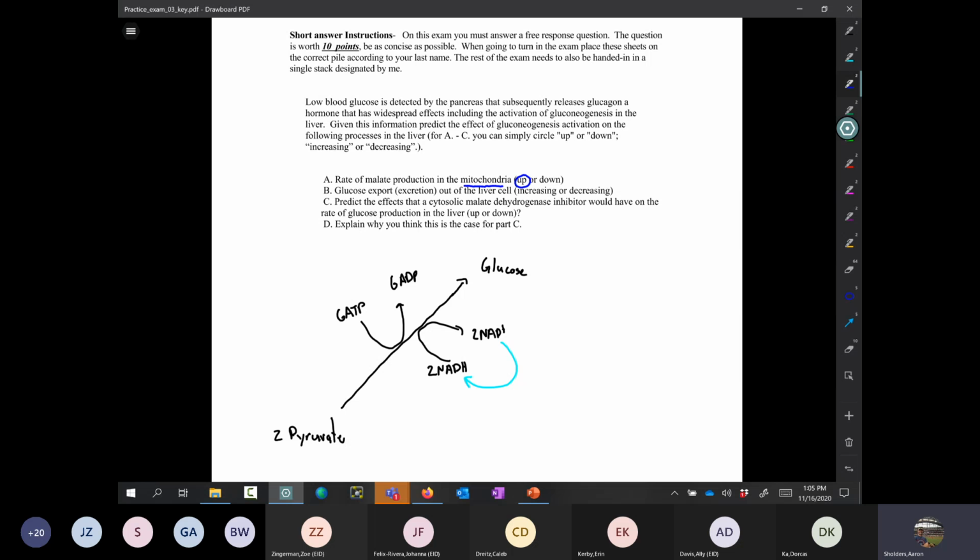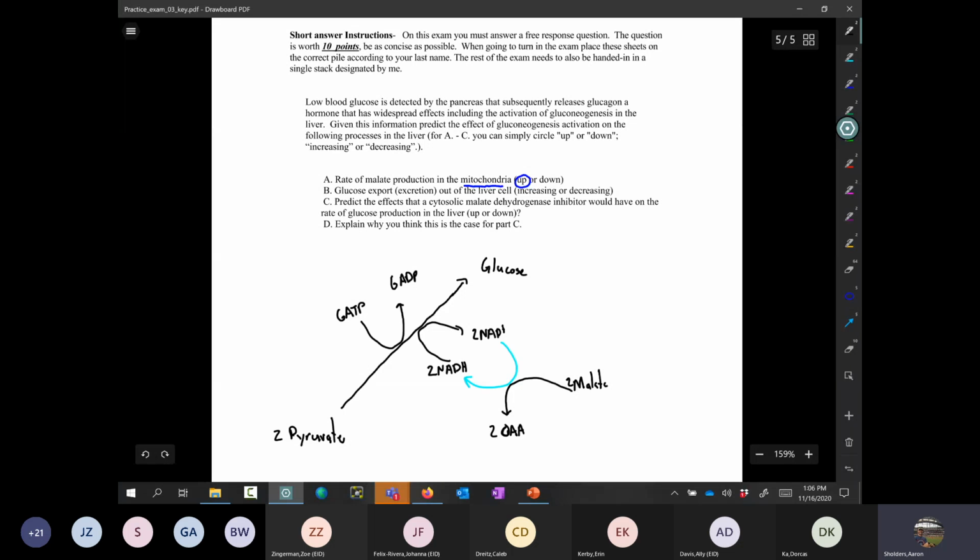It's going to make malate from oxaloacetate, and malate will then be shipped out into the cytosol, carrying the electrons from NADH. Malate will be converted back to oxaloacetate. I guess I can write this down instead of just explaining it. What will happen here is that we'll have malate converted to oxaloacetate.